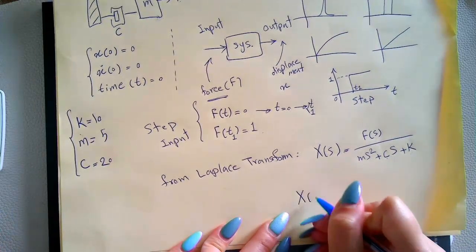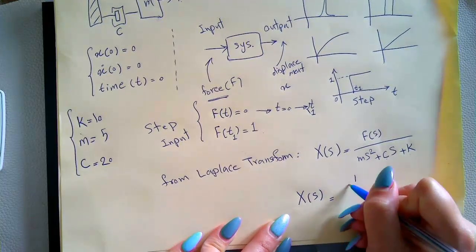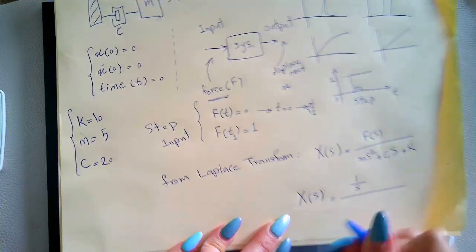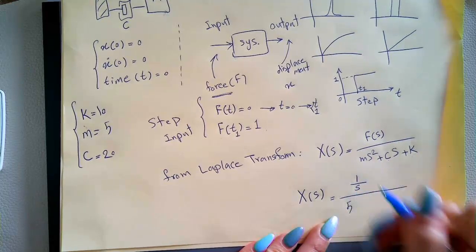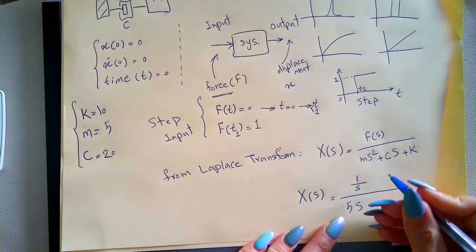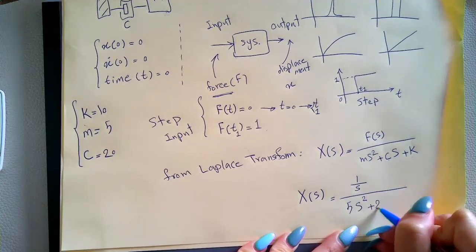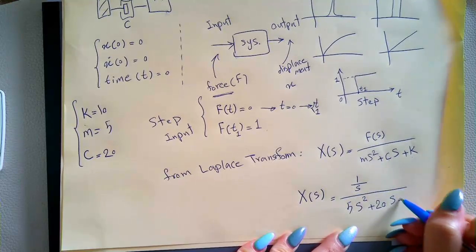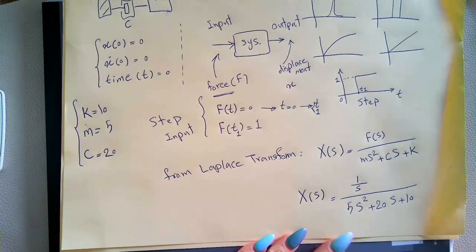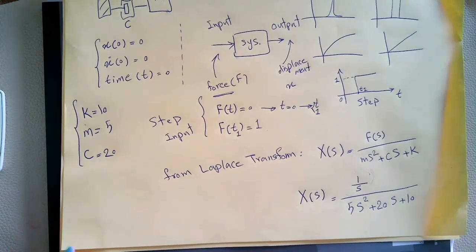X of s will be equal to 1 over s divided by m is 5, s squared plus 20, that's the c, s plus k is 10. If you're wondering where that 1 over s comes from, I have to refer to the table.